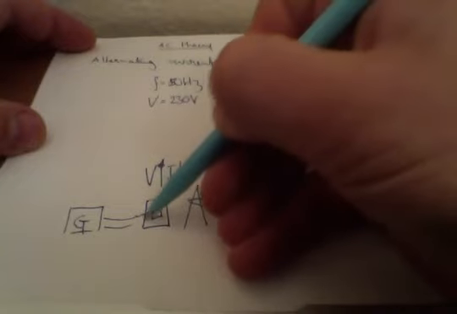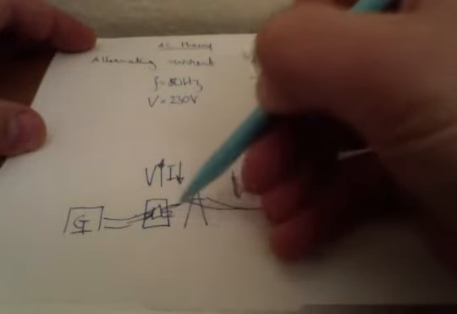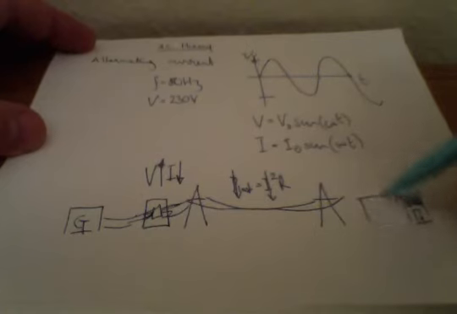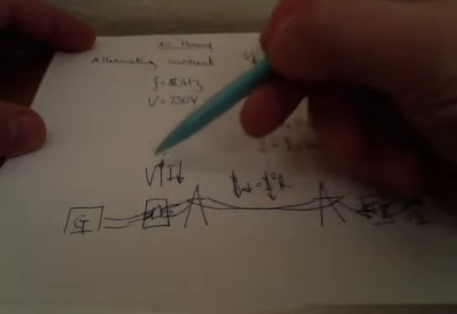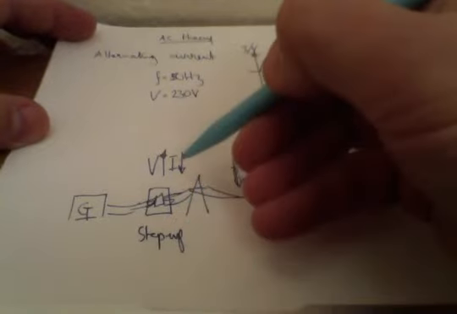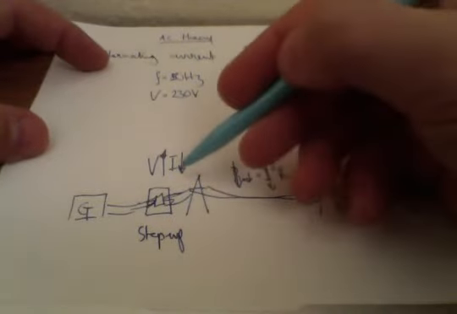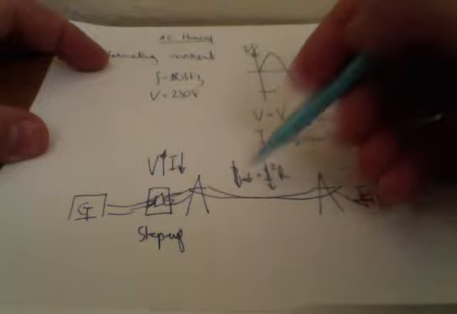And how that's achieved is through a transformer, and there's a whole video on transformer theory which you can watch if you're not feeling too confident about the theory. So you use a transformer which steps up the voltage, hence we have a step up, which in turn steps down the current, which means there's reduced power loss.